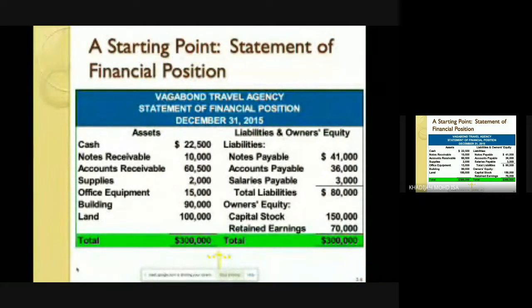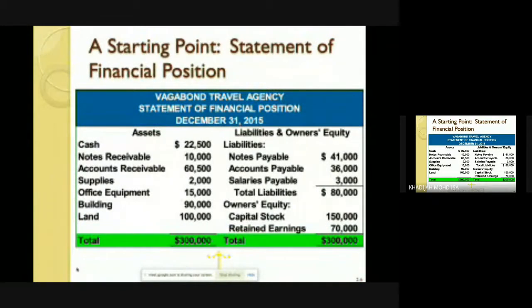You have your cash and then you have your receivable. So that is your asset. Whenever you see receivable, it means that it's an asset, whether it's a notes receivable or an accounts receivable. Then you have your supplies, office equipment, and building and land. The office equipment, building and land is what we called PPE last time.